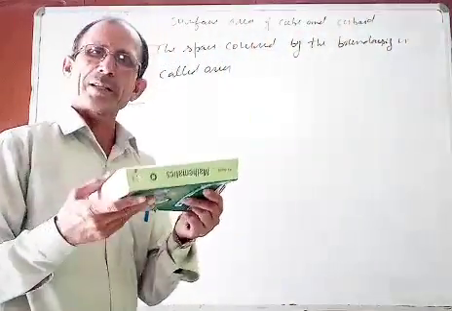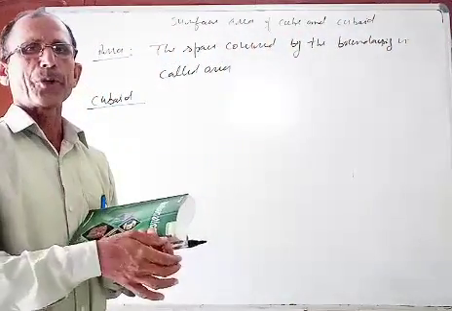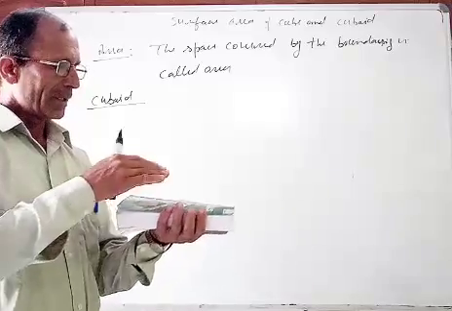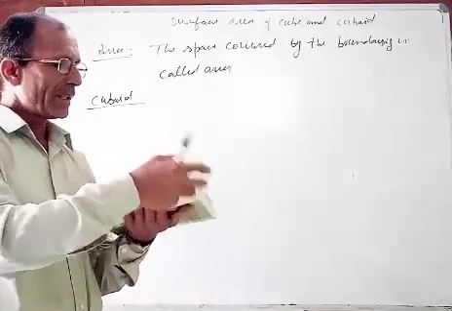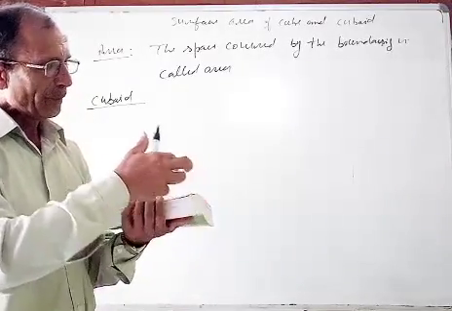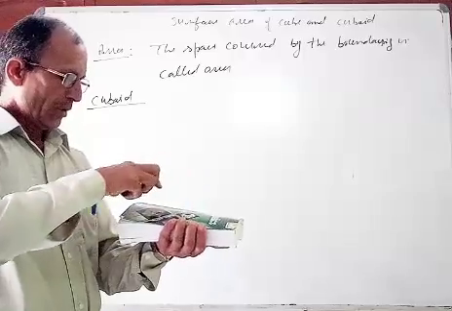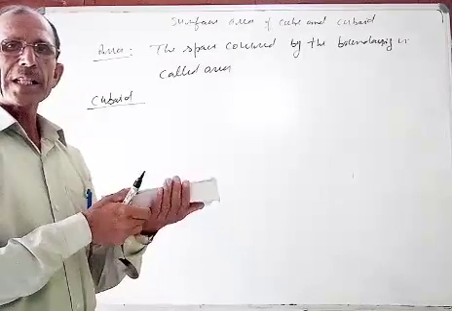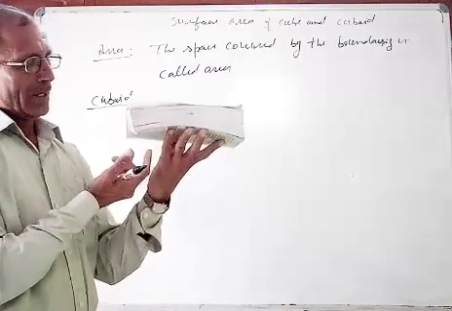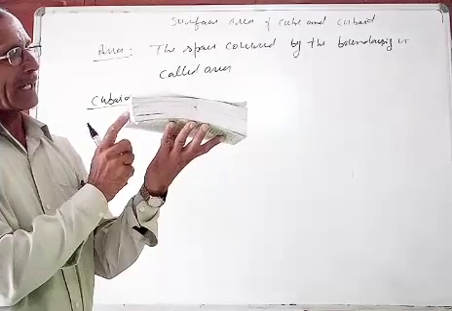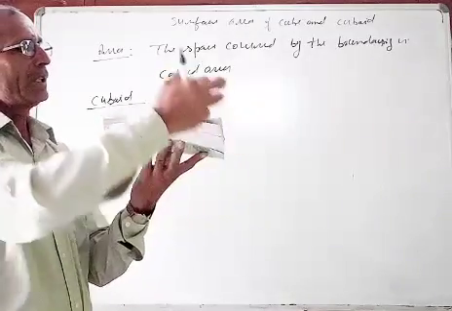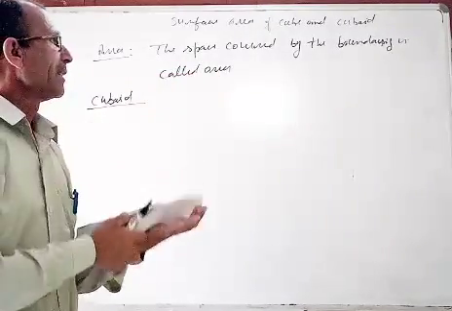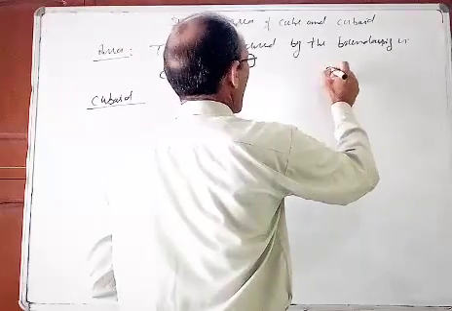This book is an example of a cuboid because it has how many faces? 1, 2, 3, 4, 5, 6. 6 faces. Have you understood? So this is the figure of a cuboid.